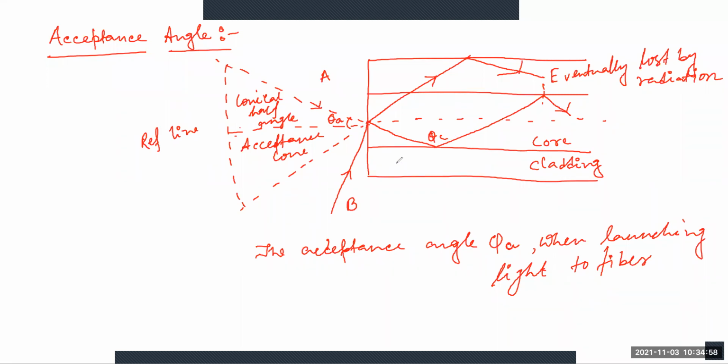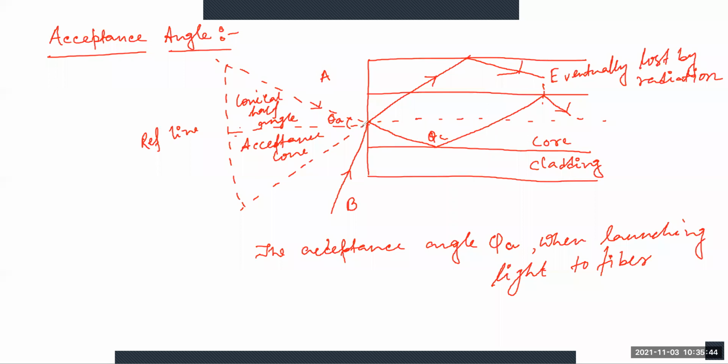From this figure, it may be observed that the ray enters the fiber core at the angle phi A to the fiber axis, and is refracted at the air core interface before transmission to the core cladding interface at the critical angle. This is the air medium and this is the core cladding interface.